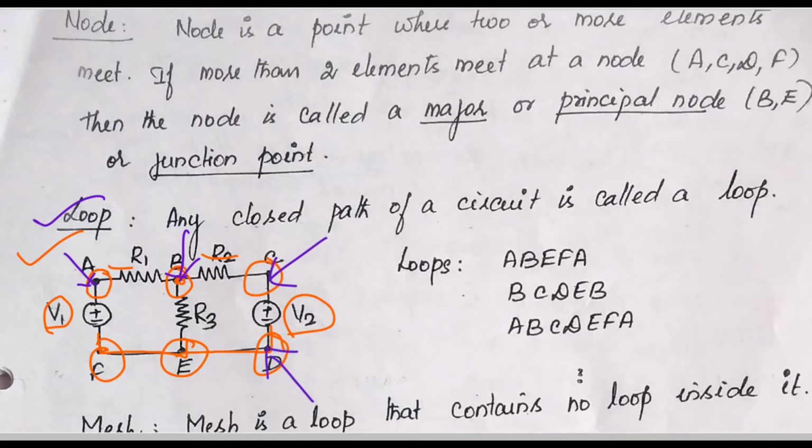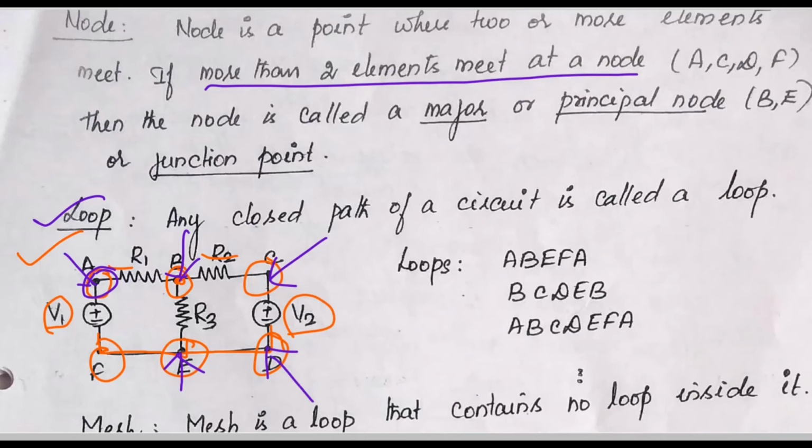A two-element point means terminal points. At E, R3 and the negative ends of V1 and V2 are connected. Here more than two elements meet at a node.